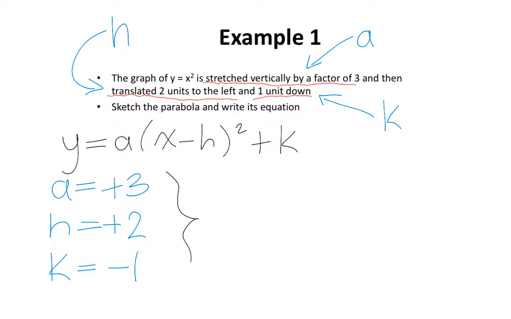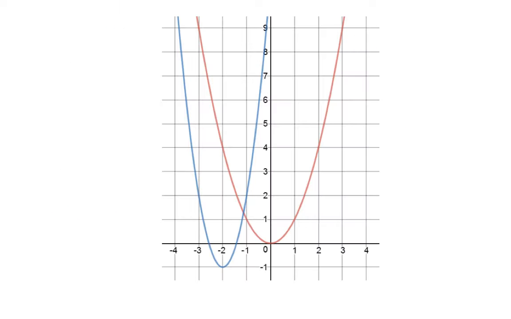We're going to take these pieces of information and write the equation of this newly transformed parabola. That would give us y is equal to 3(x plus 2) squared minus 1. As you can see in this graph, the red parabola corresponds to the base parabola, which is y equals x to the power of 2.